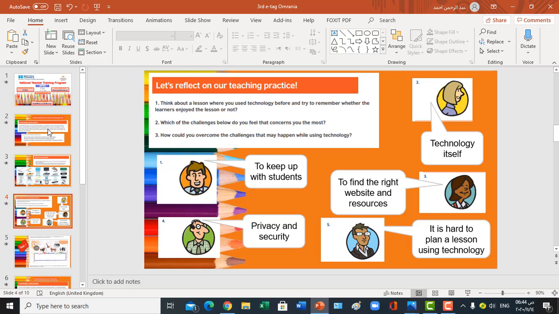The answer was from Miss Rahab Muhammad Mahmoud. She said you can give them some hints about copyrights to avoid copyright issues, and some hints about plagiarism and how to use the resources on the internet in a safe way.